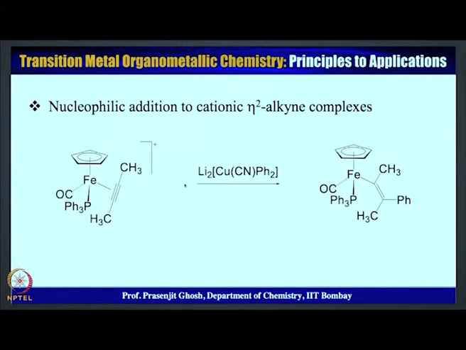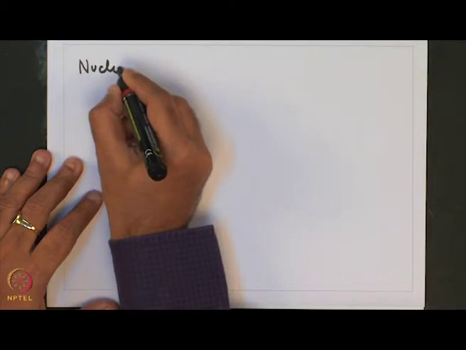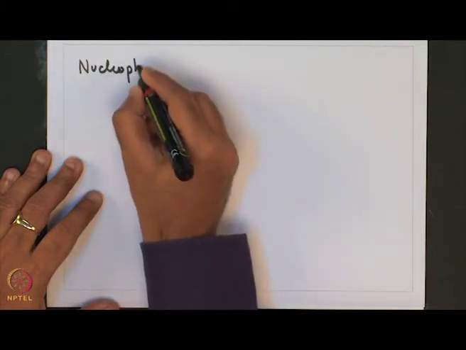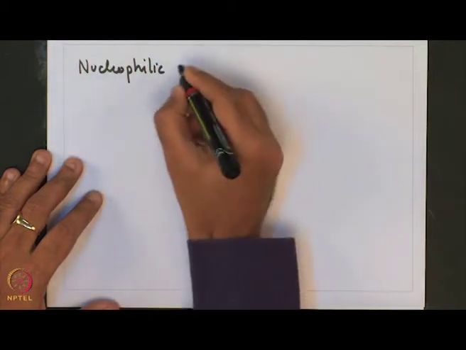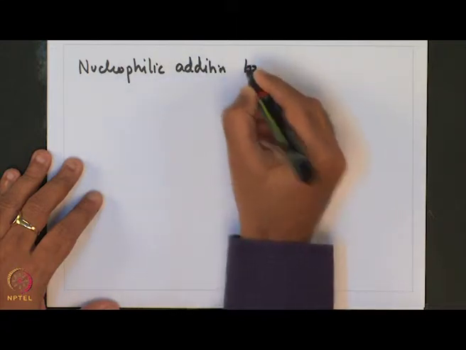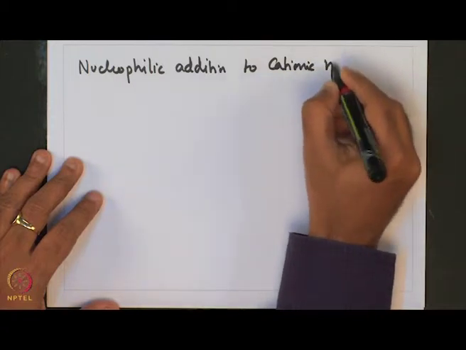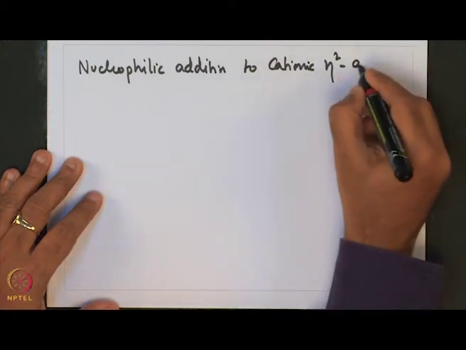In this method, this is a slight variation, having a nucleophilic addition to a cationic eta 2 alkyne complex. The second method thus involves nucleophilic addition to cationic eta 2 alkyne complex.